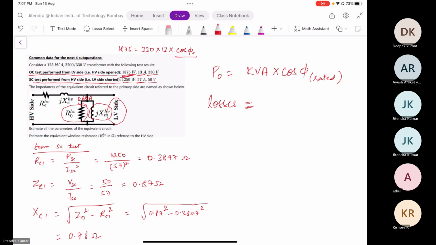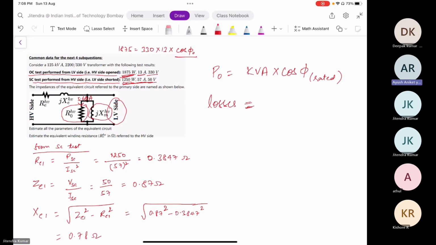And the short circuit test you can compute with anything, and you compute the power factor from the short circuit test parameters. I think you are done with all the parameters. You just have to do the calculation. Is it fine, Deepak? Sir, cos phi rated, completed. Sorry, go ahead.